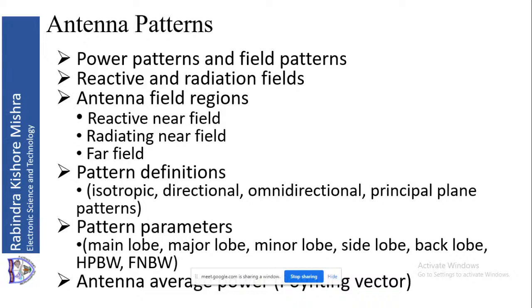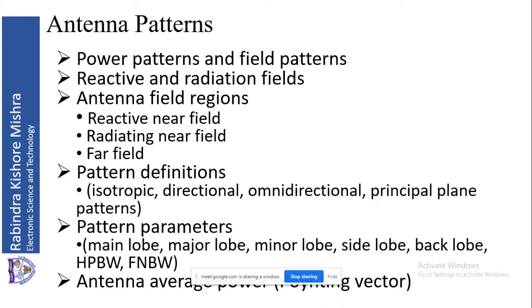For the power pattern, there will be a peak, then a dip, then a peak, then a dip. For the field pattern, there will be a peak, then a smaller peak, then a smaller peak. The main beam is a peak, and the side beams will be smaller peaks on each side. That is how you will explain.